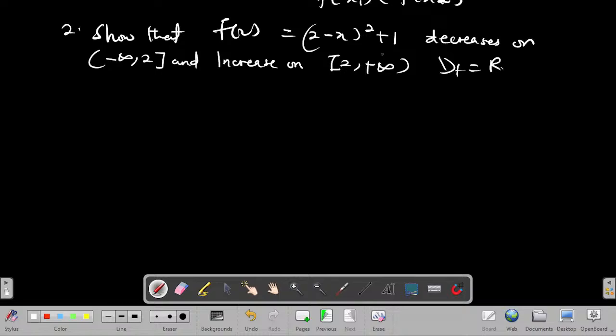Show that the function 2 minus x all squared plus 1 decreases on this interval.